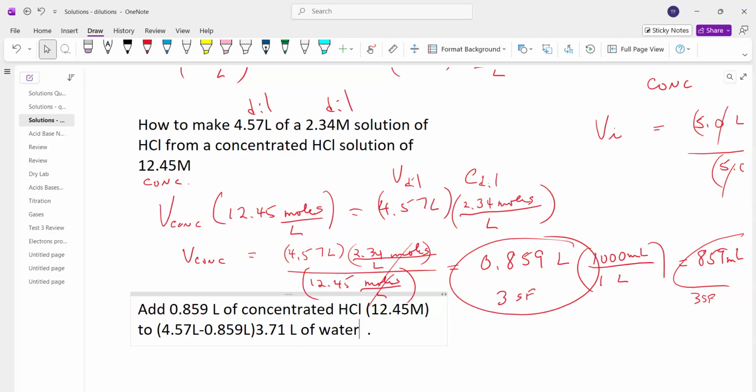So now our total volume of solution is going to be equal to 4.57. Part of it is going to be the 0.859 concentrated acid. The remainder is going to be water.